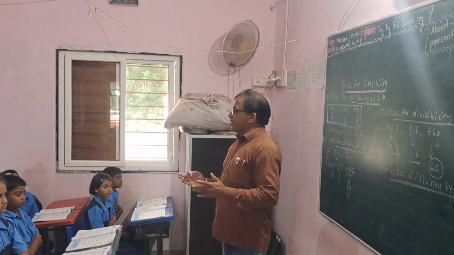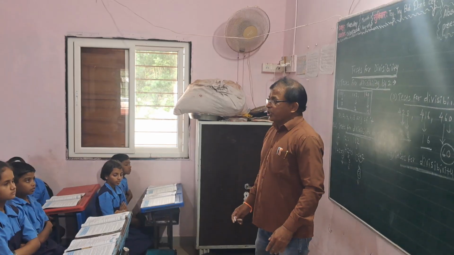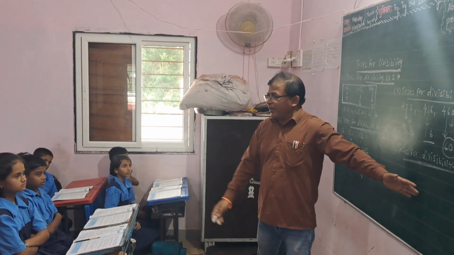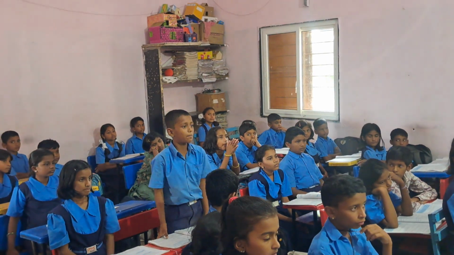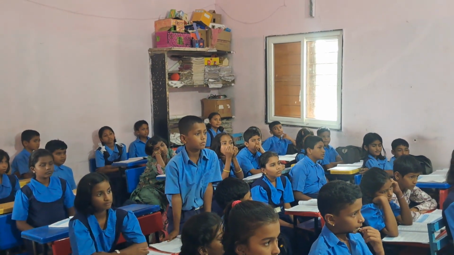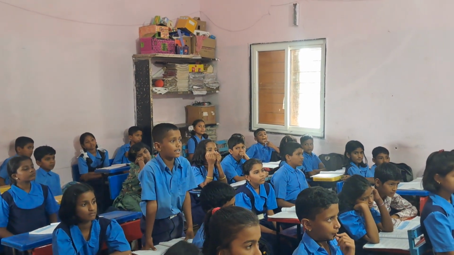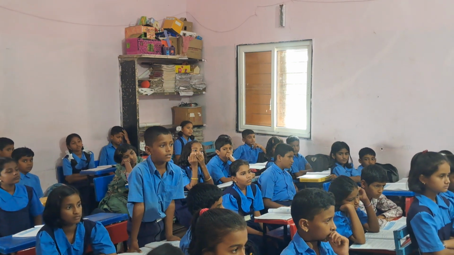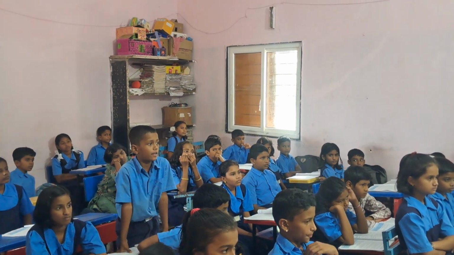It is called the test for divisibility by 5. Examples: 150, 680, 95. Very good examples.